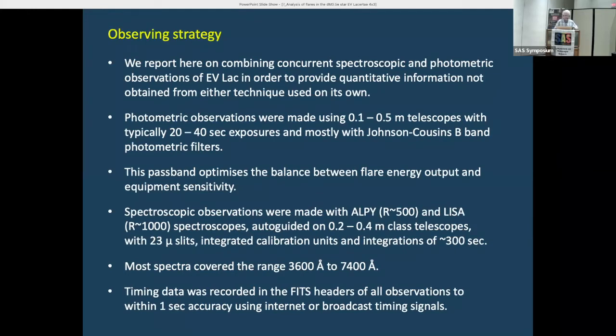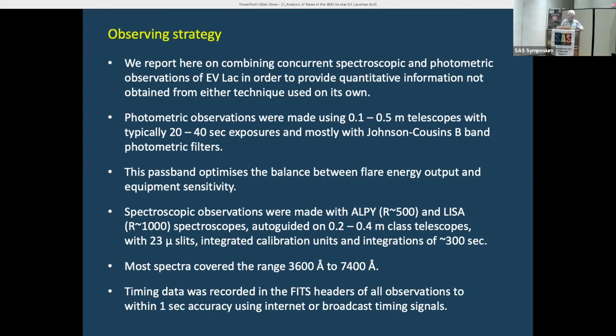Okay, so our observing strategy. As I say, we're reporting here on observations where we have concurrent spectroscopy and photometry so that we can do a real quantitative analysis and do more than we could do with either technique on its own.